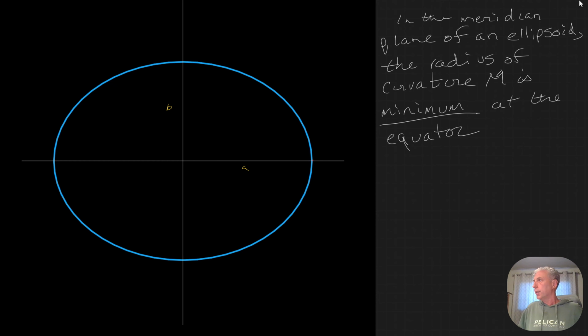So here, the radius of curvature is at a minimum. And you can guess the next part, I'm sure, maximum at the pole.